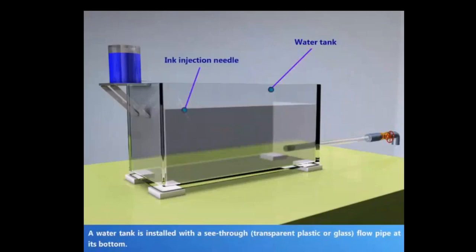It also consists of an ink injection needle through which the ink is injected into the water. See, this is the glass tube and this is a tap. The glass tube is fitted to this tank so that the water will flow through it.